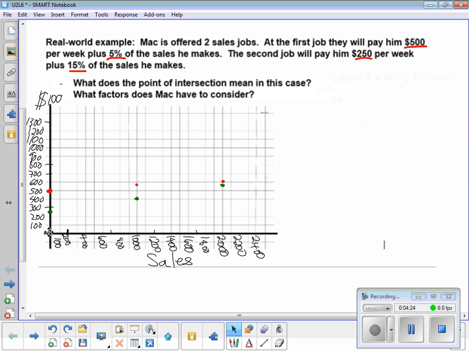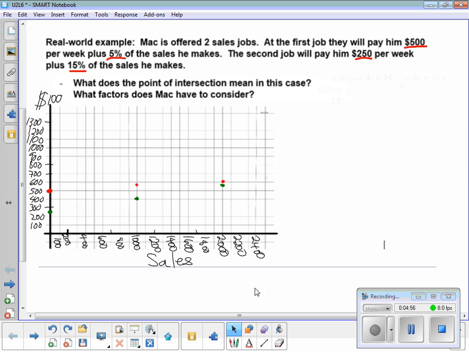So obviously at 0, 0, he would get nothing and he sells nothing. But we know that if he sells nothing, the one job's going to pay him $500. And if he sells nothing with the other job, he's going to be paid $250. So we're just going to leave that there for now. If the supply teacher wants to stop it so you can get these numbers on here, pause.